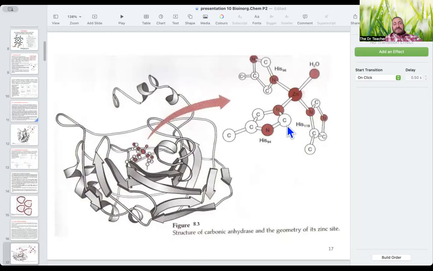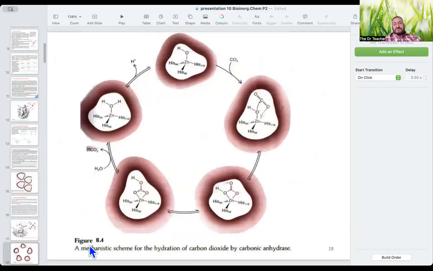Carbonic anhydrase. Again, there is a zinc, and there are different functional groups in the heart of this enzyme, and the geometry of the zinc active site.